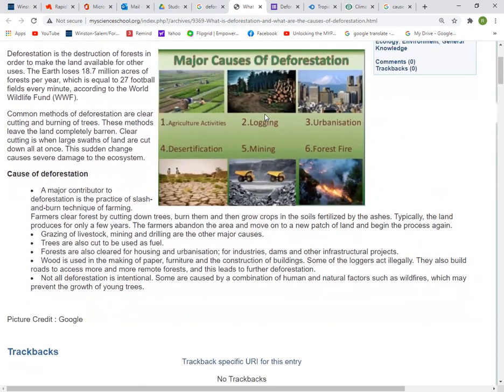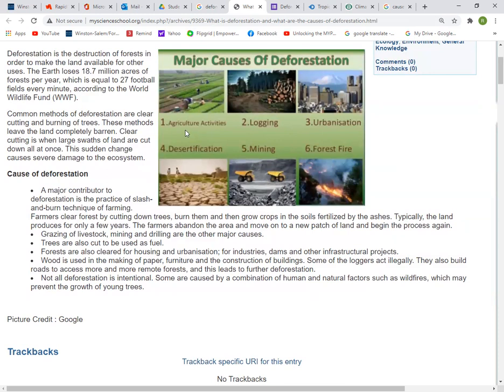Mining is also one of the reasons for deforestation. They have to clear the land and then remove all the underlying soil and rocks in order to expose the minerals. And of course, forest fires. These are the major causes of deforestation.